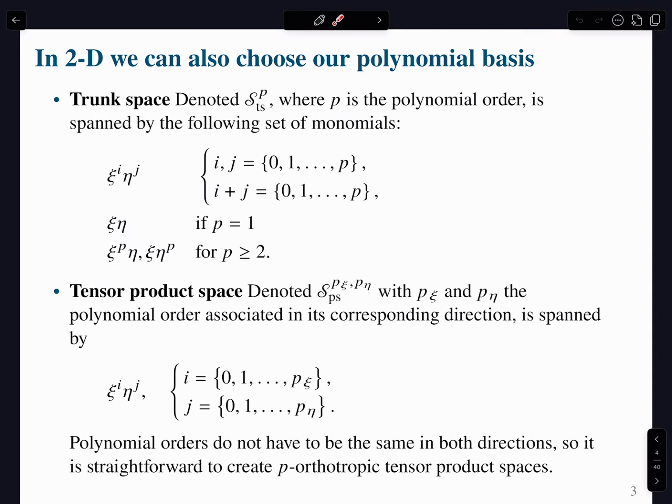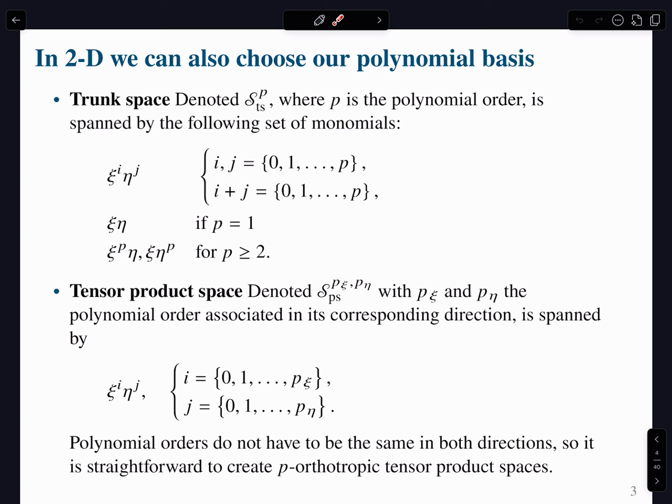Okay, so the second one is the so-called tensor product space. So this is a different way to build a high-order polynomial space. So we're going to denote this as PS for product space, and then p ξ η. And if you notice, now we are decoupling the polynomial interpolation order, because this way of building your polynomial space allows you to decouple the polynomial degree that you want in each direction.